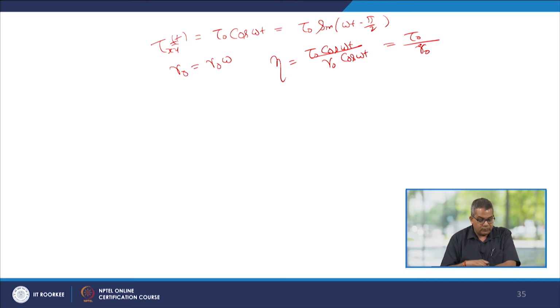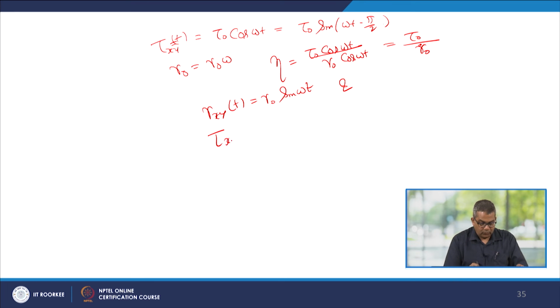However, viscoelastic materials such as polymers behave somewhere in between perfectly elastic and perfectly viscous materials, depending on the time scale. Now, their representation can be described by gamma xy(t) is equal to gamma naught sine omega t and tau xy(t) is equal to tau naught sine (omega t minus delta).